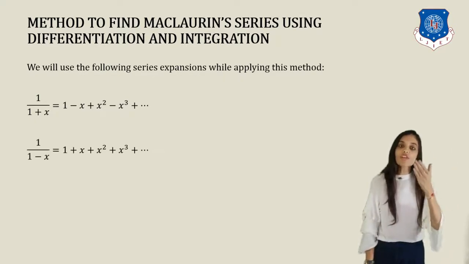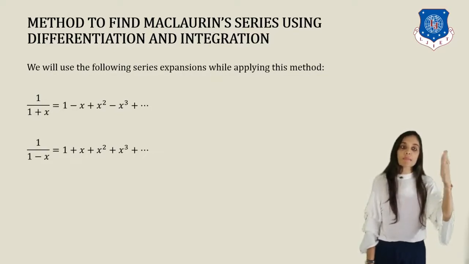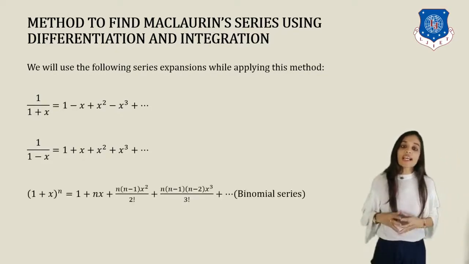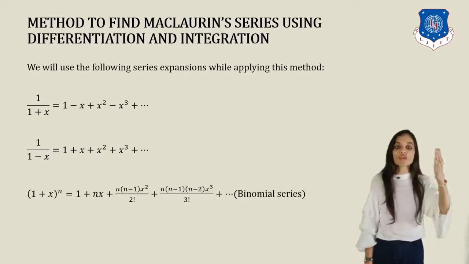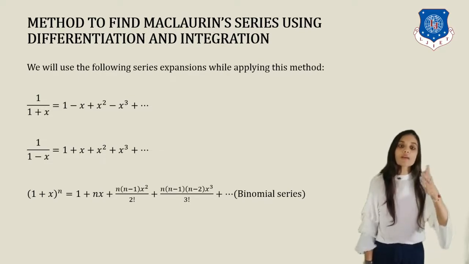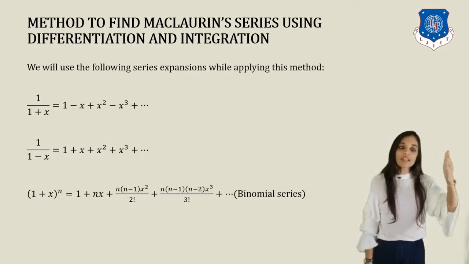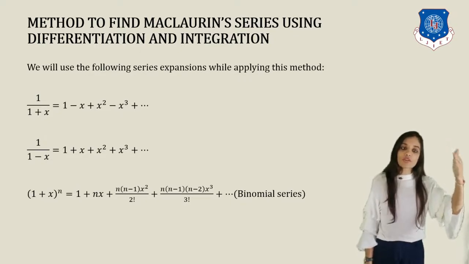Next is 1 upon 1 minus x, which is equal to 1 plus x plus x square plus x cube plus and so on. And last, you have to remember the binomial series expansion, which is given by 1 plus x whole raised to n, that is equal to 1 plus nx plus n into n minus 1 upon 2 factorial x square plus n into n minus 1 into n minus 2 upon 3 factorial x cube plus and so on.